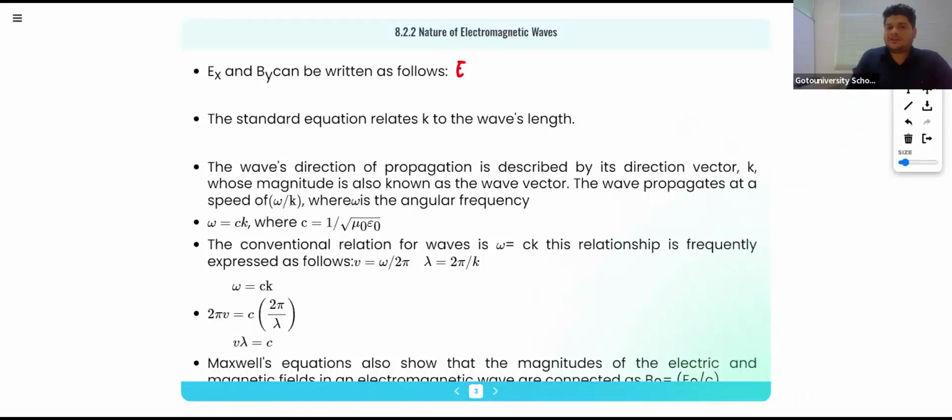We can write electric field as E is equal to E naught sine omega t minus kx. And similarly, you can write for magnetic field.